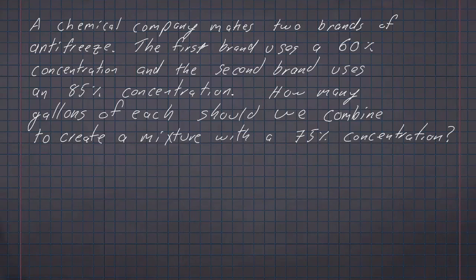The first brand uses a 60% concentration, and the second brand uses an 85% concentration. And we want to mix these two antifreezes together to create a result that has a 75% concentration. How many gallons of each should we combine to create that mixture with the 75% concentration?